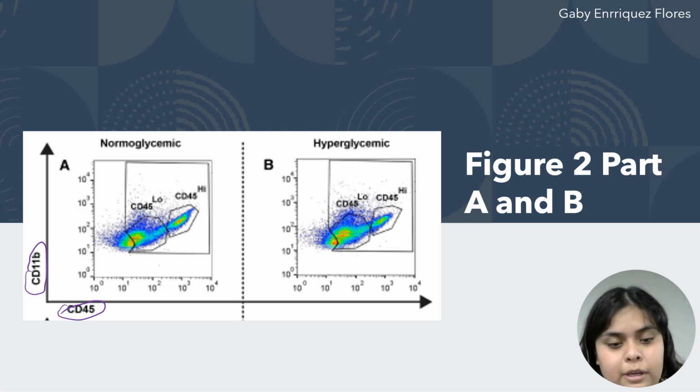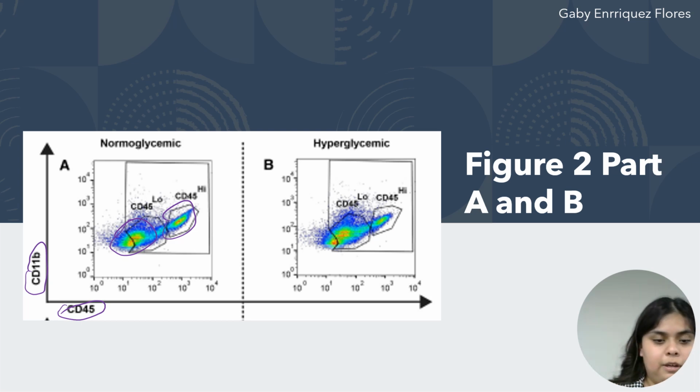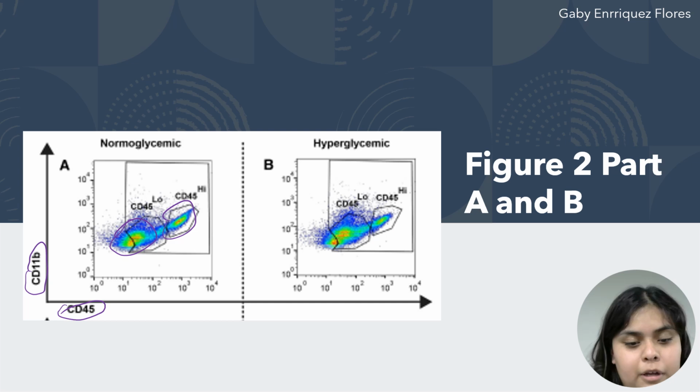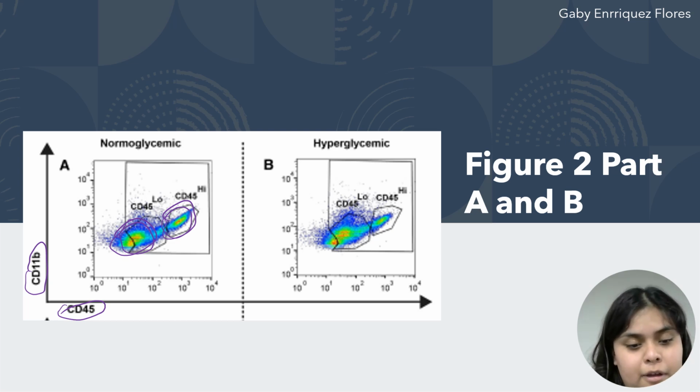As we can see here, in these areas there's a significant change, like the cells increase in density, which means they change in density as a result of these cell expressions right here.